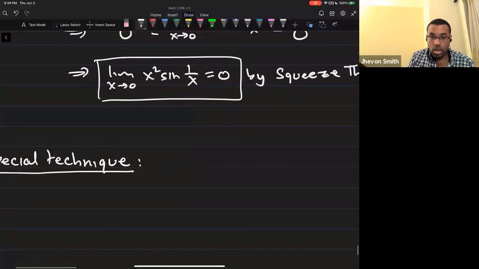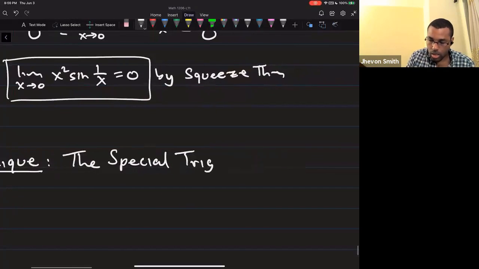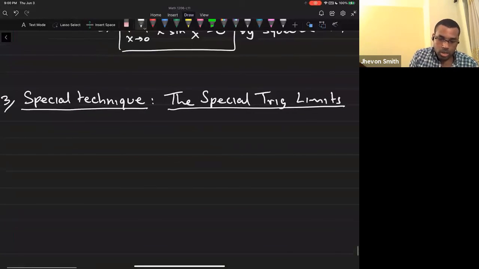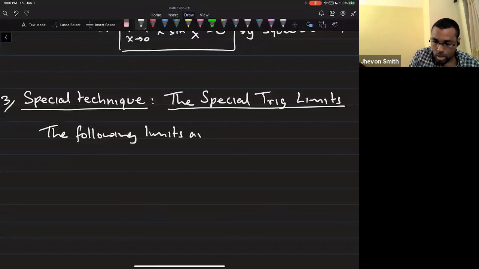There are a bunch of limits called the special trig limits. So the following limits are true.